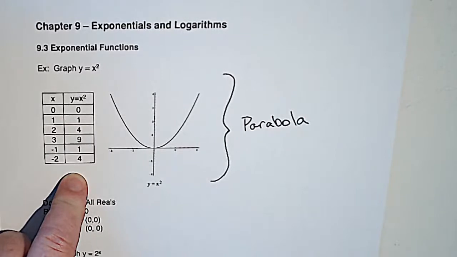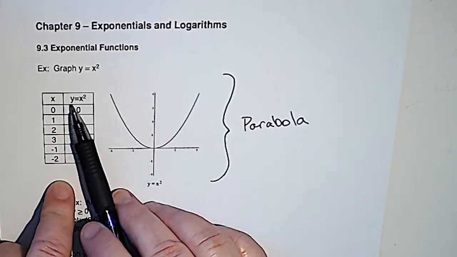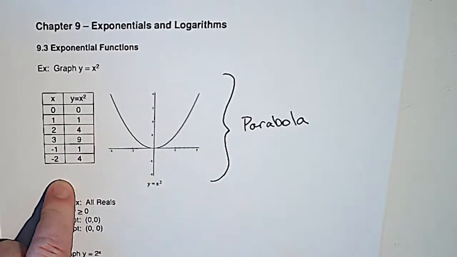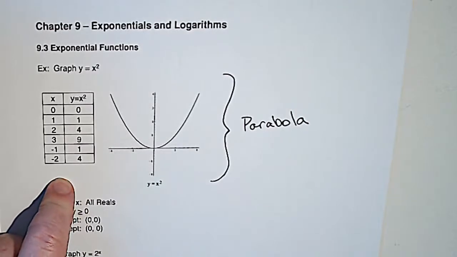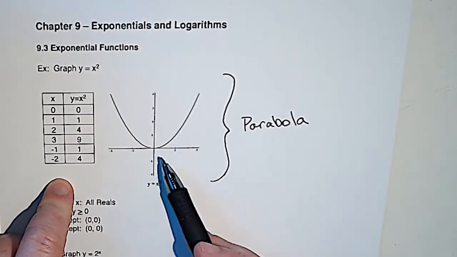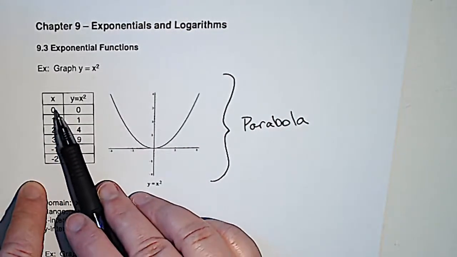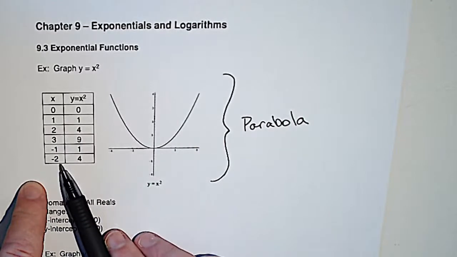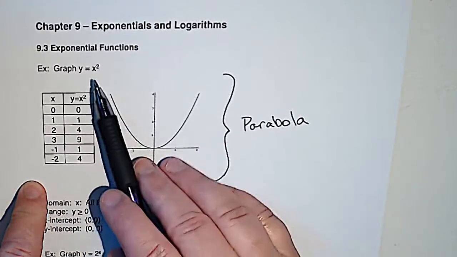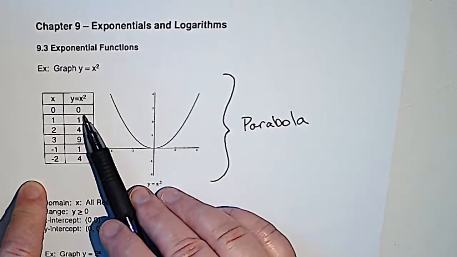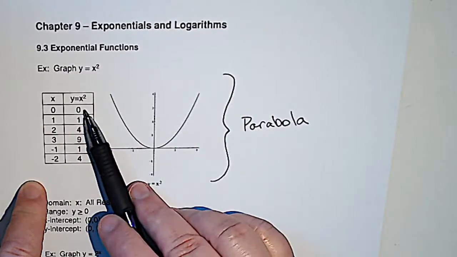And this parabola was graphed. We've got y equals x squared, and we're going to study this in more detail in chapter 10. Basically, this is a parabola. If I have any value of x, 0, 1, 2, 3, -1, -2, it doesn't matter because I'm squaring x. All the y values are positive or 0.